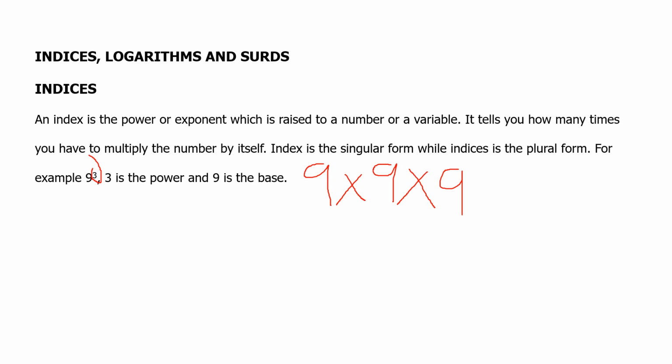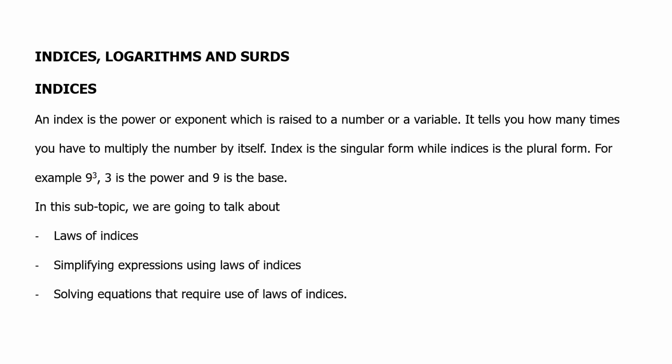So 9 power 3 shows that 9 multiplies itself 3 times. We are going to look at laws of indices, simplifying expressions using laws of indices, then solving the equations that require use of indices.